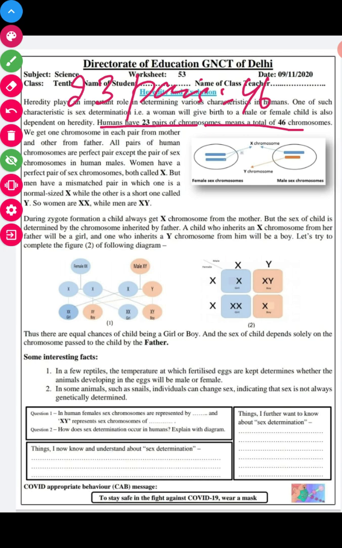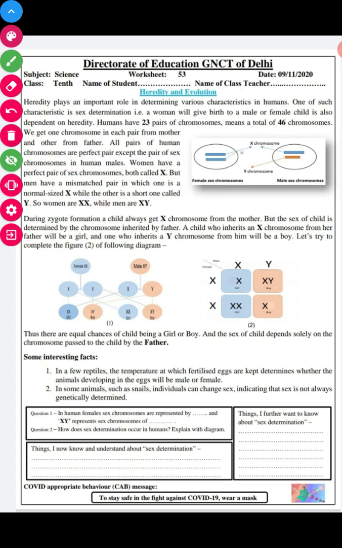Of these, 22 pairs are called autosomes, which form the complete body structure, and one is the sex chromosome that determines the sex of a child, whether it's male or female. In case of male, the chromosomes are X and Y. In case of female, it is X and X.